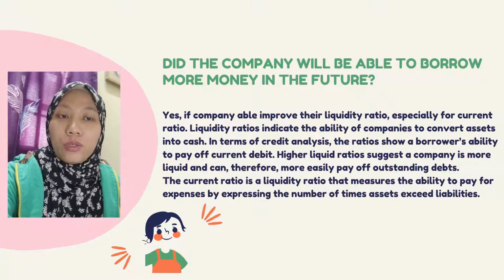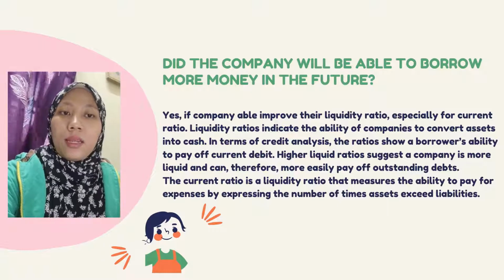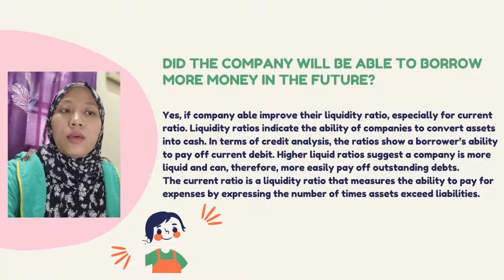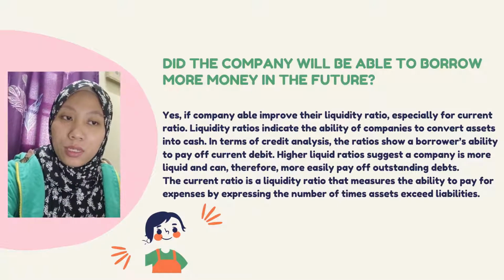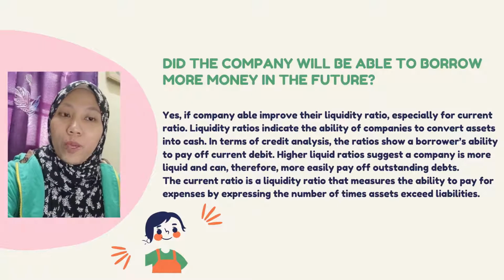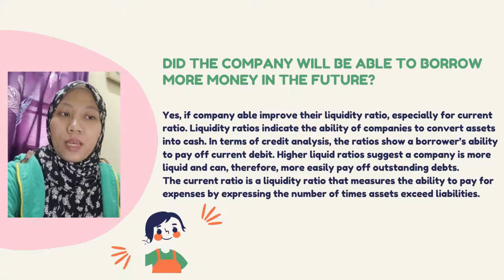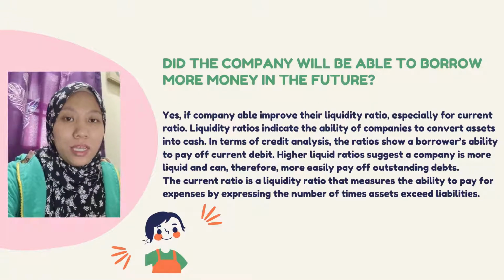Higher liquidity ratio suggests a company is more liquid and can therefore more easily pay off outstanding debt. So the current ratio is a liquidity ratio that measures the ability to pay for expenses, expressing the number of times asset exceed the liabilities.